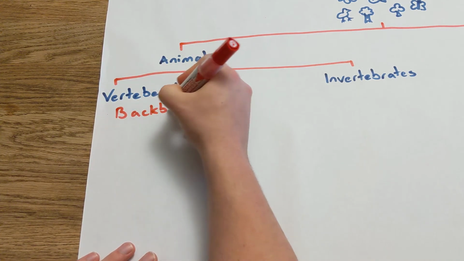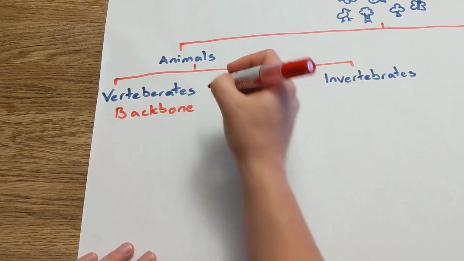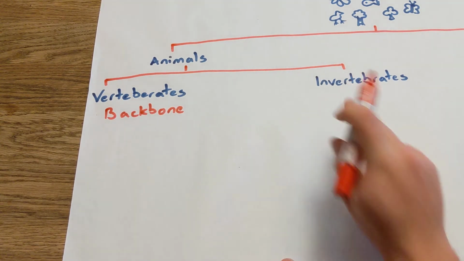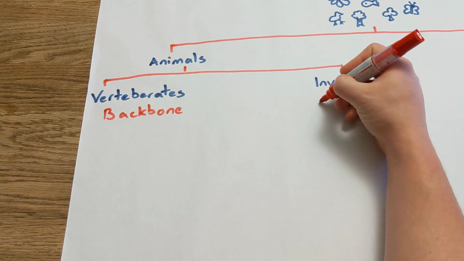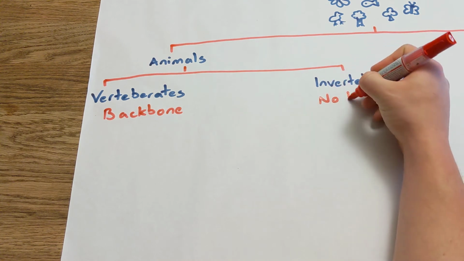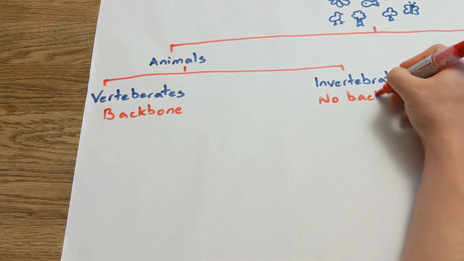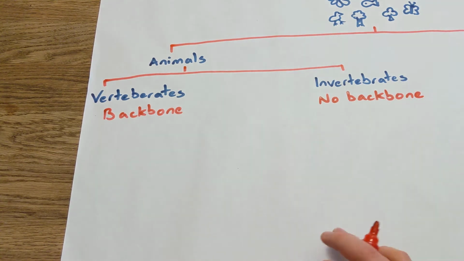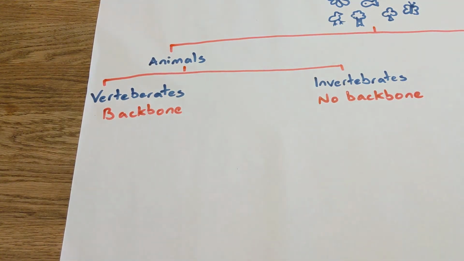So they have a spine. They have some sort of bone or skeleton going down their back to protect all the nerves and everything in it. And the invertebrates, they have no backbone. Okay, so they've got no spine.